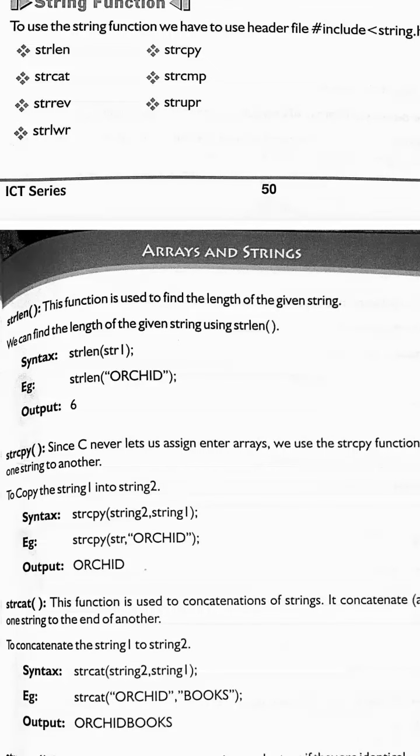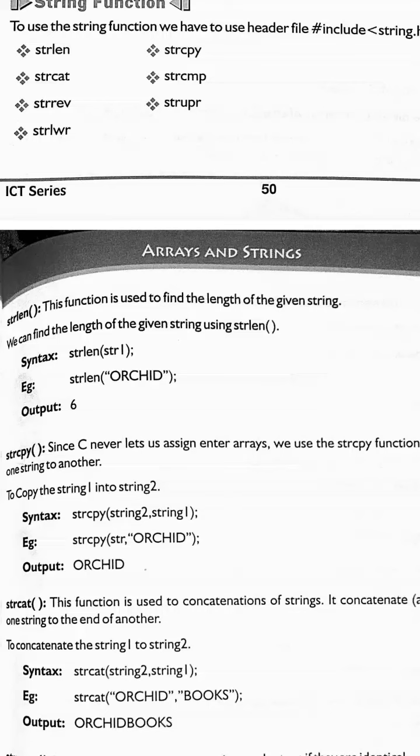So the destination comes first and the source comes next. Our destination is str2 and the source is str1. Source means the content is present in the source and it will be copied and stored in the destination. So the source archit will be copied from string 1 and it will be stored into string 2.